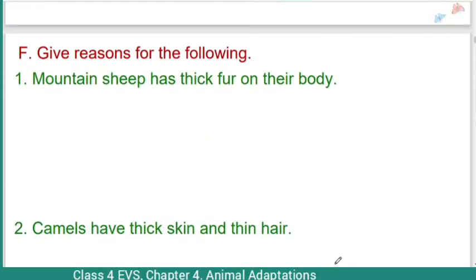Section F, give reasons for the following. First one, mountain sheep has thick fur on their body.